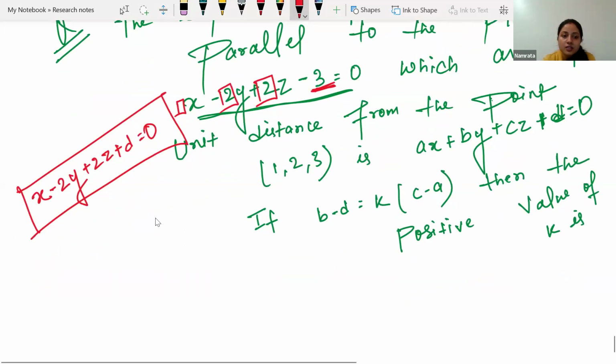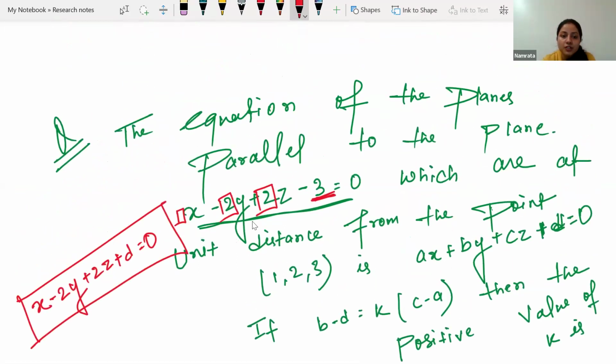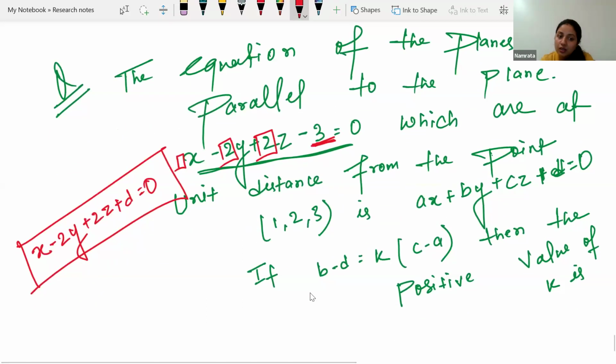This is how the equation of a plane parallel to this plane will look. Now let's read the question. The equation of a plane parallel to this plane, which we have assumed already, which is at unit distance from this point. So the plane which we have taken as an assumption is at unit distance, distance is unit means 1.